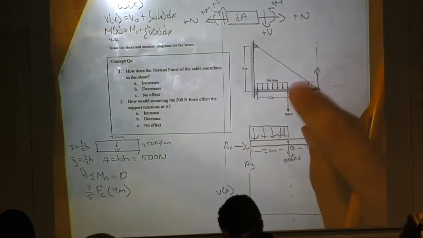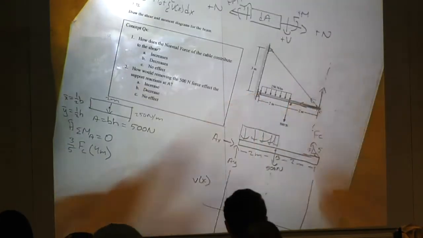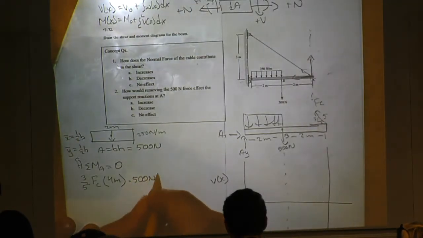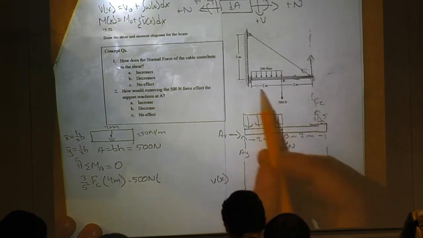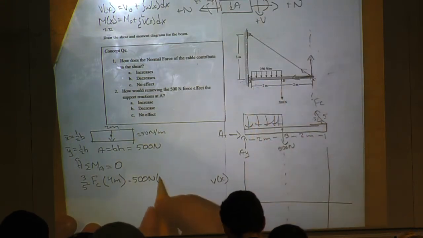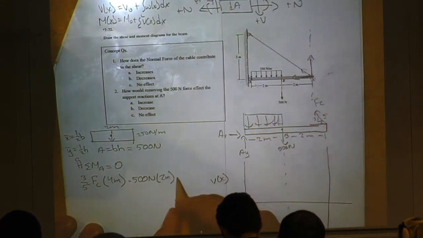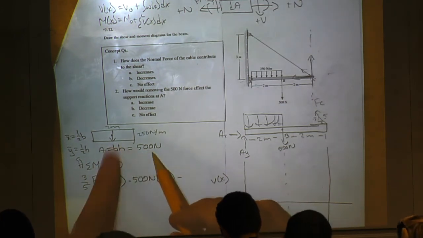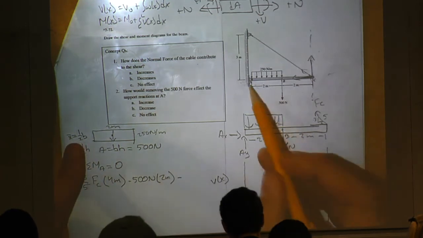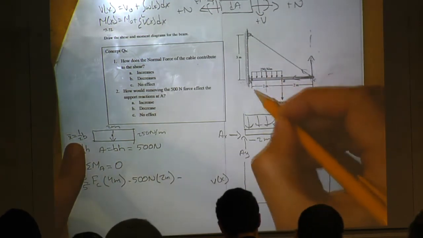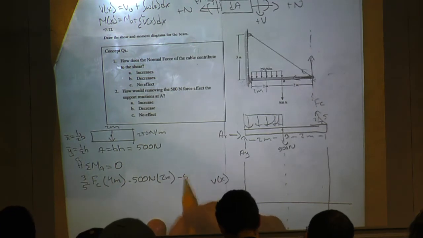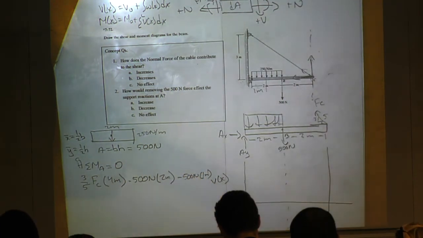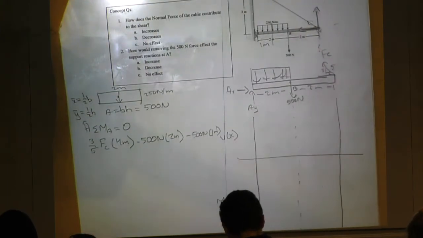Now we have this 500 newton force, and that brings me clockwise, so that's going to be negative, times 2 meters. And then I also have this distributed 500 newton load, and I said it's at half of the base. Sorry if this runs over.